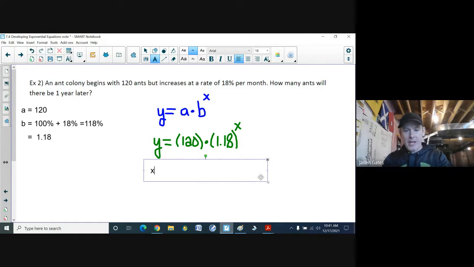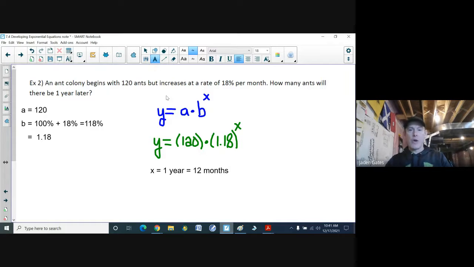Well, x is equal to 1 year. But here's the problem: our rate is per month, so I have to convert years to months. Well, there are 12 months in 1 year, and so our x value will be 12.